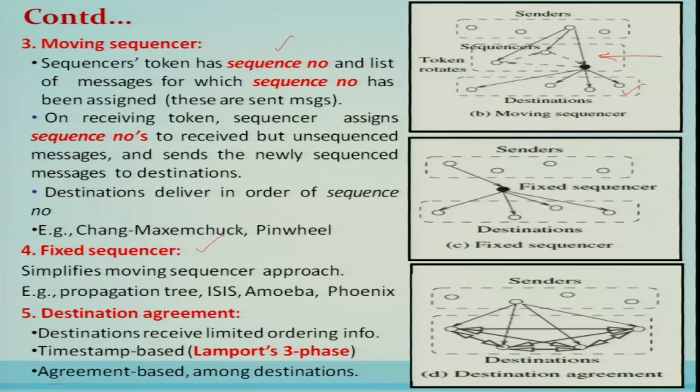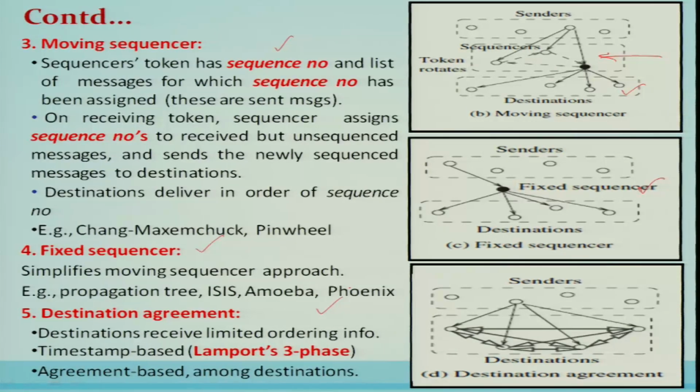The next one is called a fixed sequencer. Fixed sequencer is like the centralized approach that we have already seen. Centralized approach means there is one single coordinator. The last one is called destination agreement.